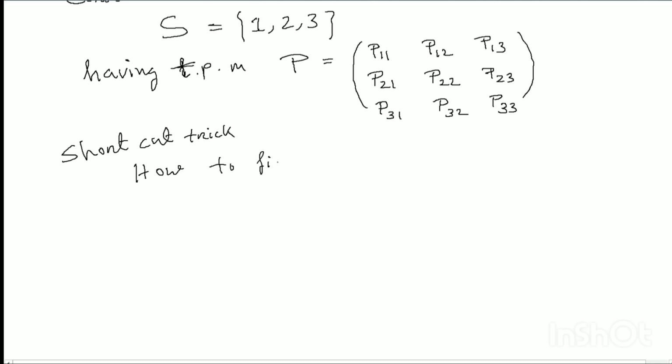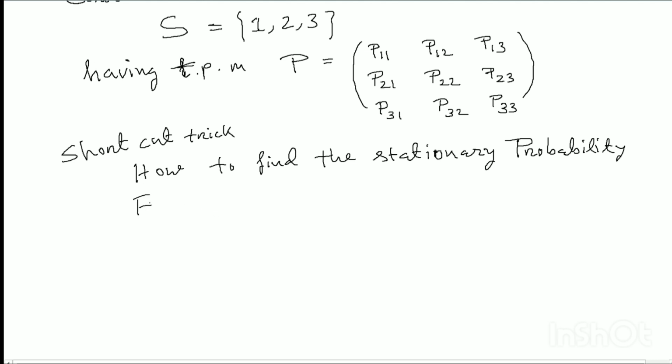So the shortcut trick: how to find the stationary distribution, the stationary probability. First, the stationary distribution for a 2 cross 2 matrix.